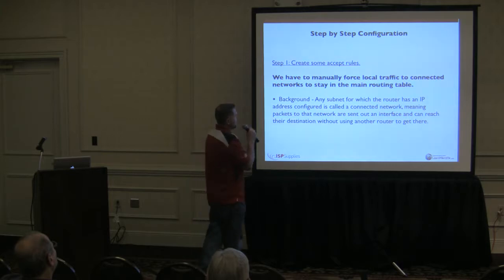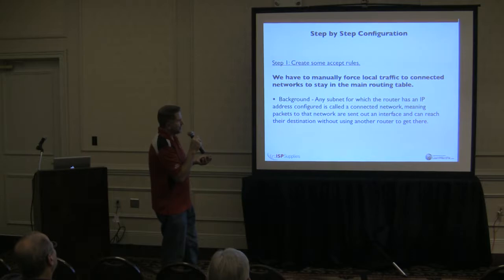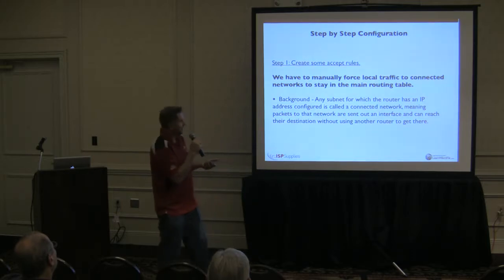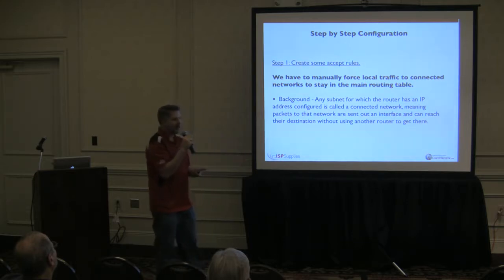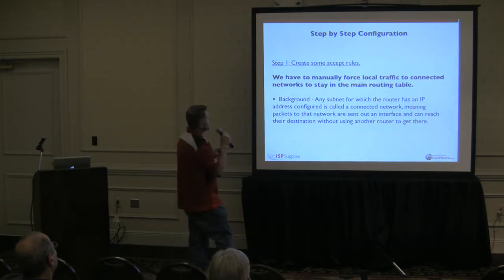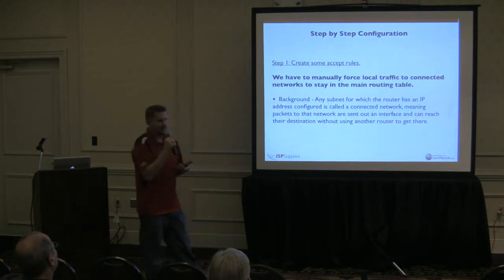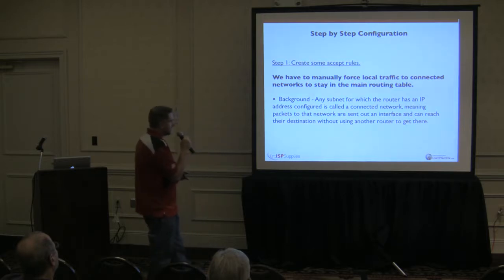This means that if we use these routing marks and these special routing tables, it's possible that we could circumvent the normal flow of the packets. So instead of packets going out an interface to a local host, we may actually send them out one of the WAN connections. So the first rules we have to create are going to be called accept rules. And these accept rules are going to look for traffic that should be local to the router and allow it to follow the main routing table and not get marked for the special routing.